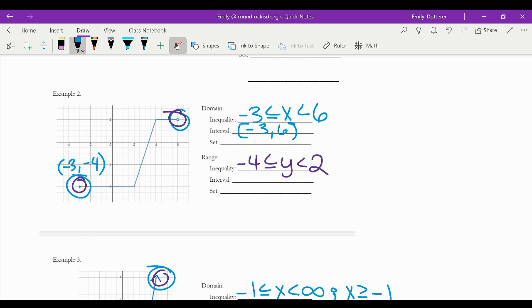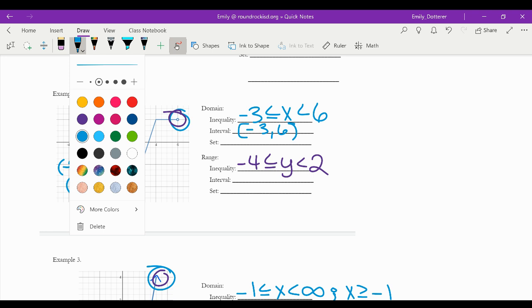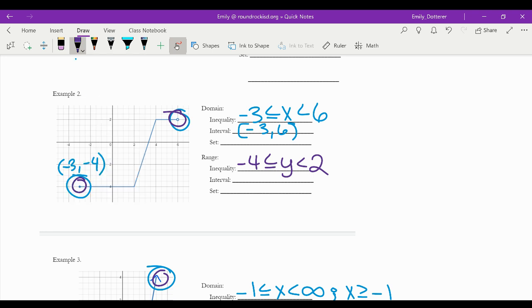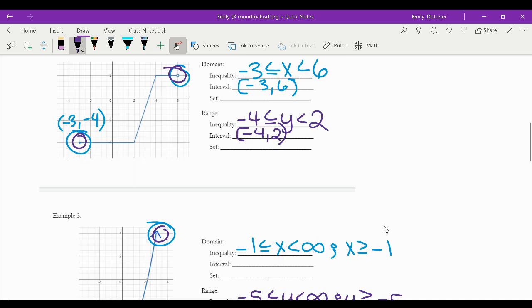Because we have an open circle on the right, we'll use a parentheses. And same thing with the range. Closed circle uses a bracket, open circle uses a parentheses.